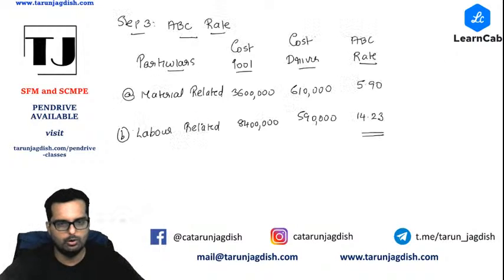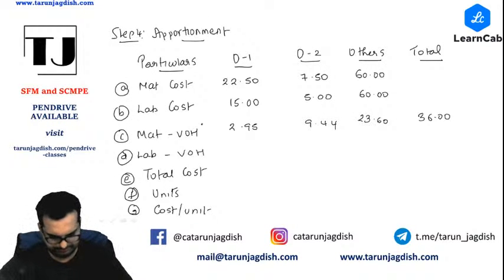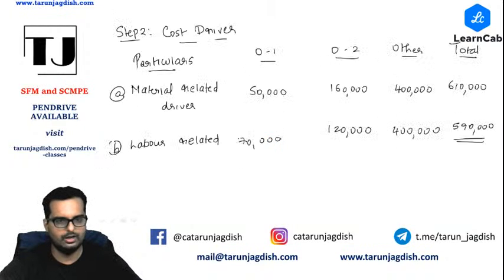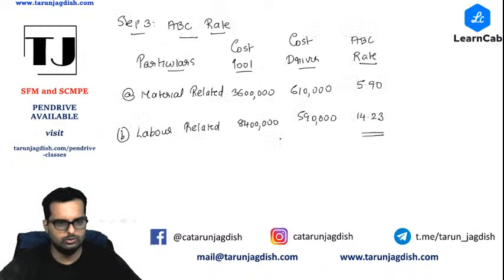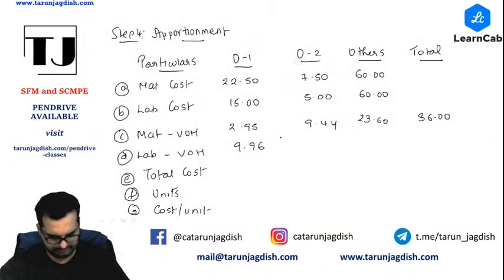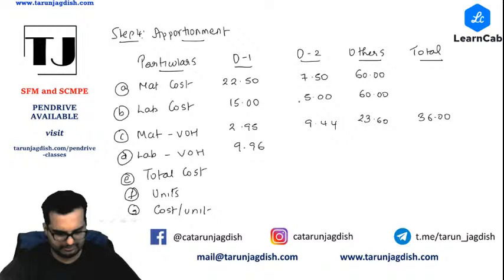What about labor variable overhead? Let's do it in that way. 70,000 into 14.23. That would be 9.96. What about the second one? 1,20,000 into 14.23. That will be 17,07,600.